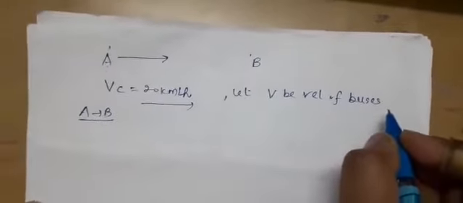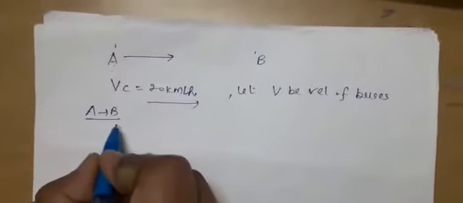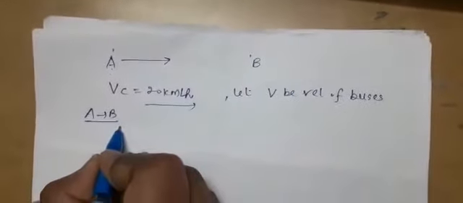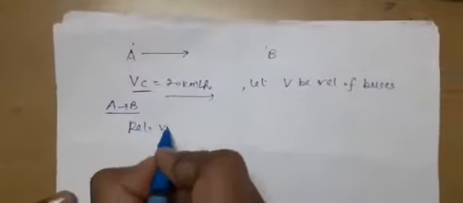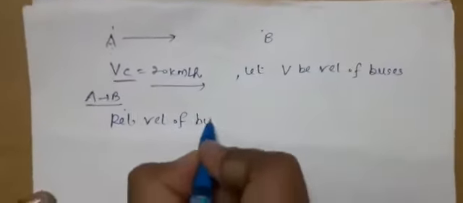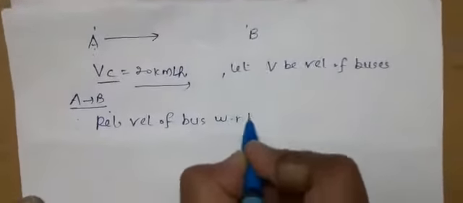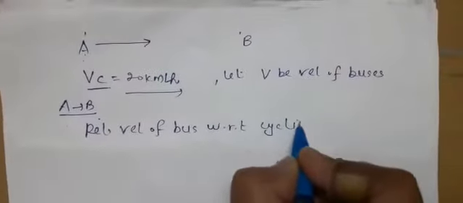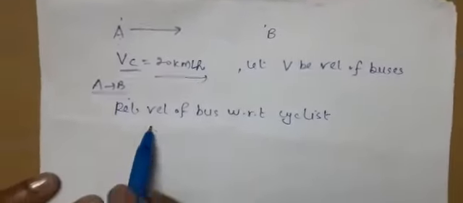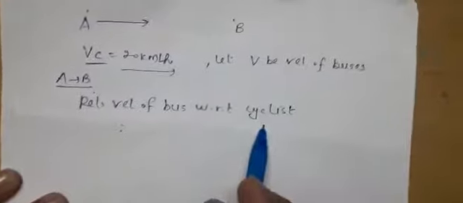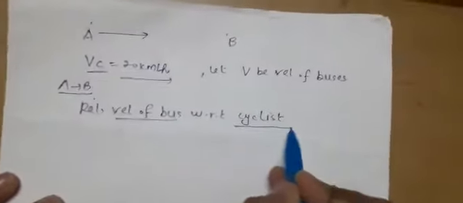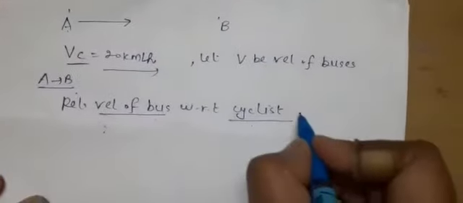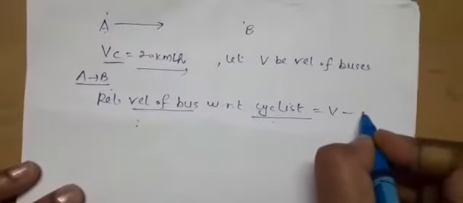And now, when the bus is moving from A to B, basically the cyclist is observing, so the relative velocity of bus with respect to cyclist; the observer is the cyclist, so measurement will be with respect to the cyclist. And whose measurement are we doing? Velocity of bus with respect to cyclist. So it will be V minus 20.